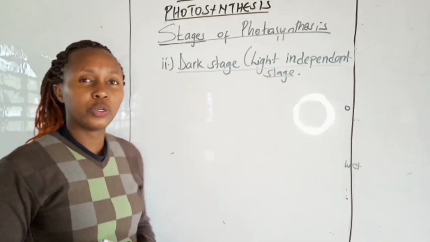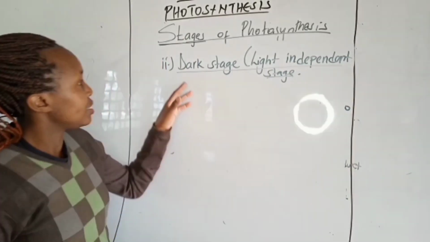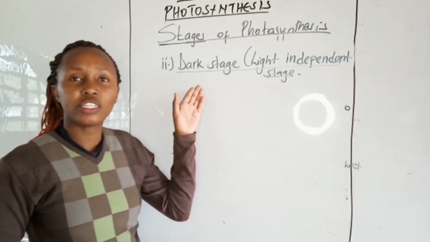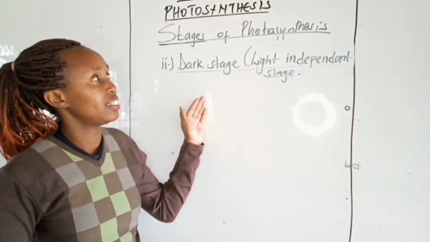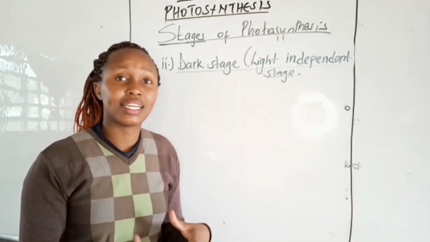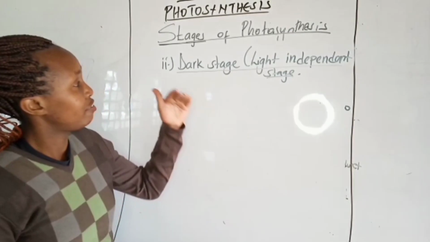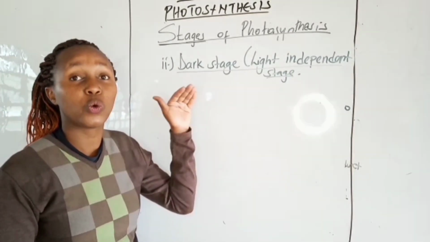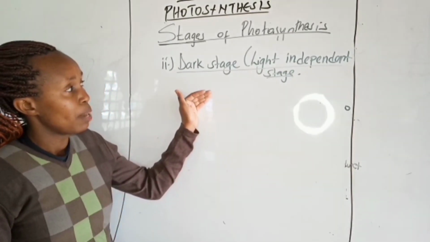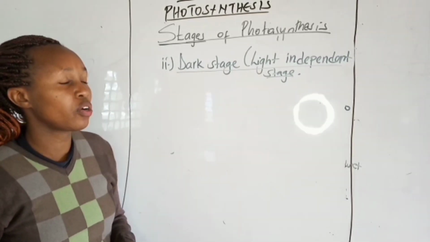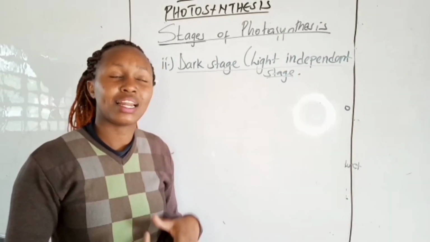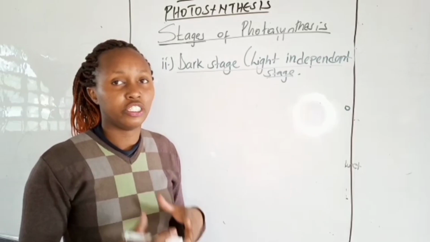A point to note, saying that it is dark stage does not mean that it occurs at night. Photosynthesis occurs during the day when we have light, and therefore also the dark stage is going to occur during the day. But we call it dark stage because it will proceed whether light is present or not.